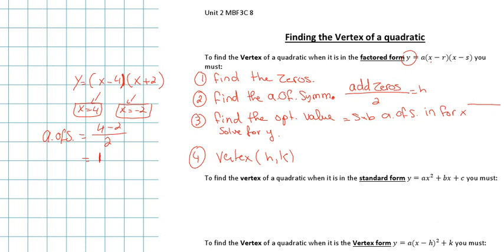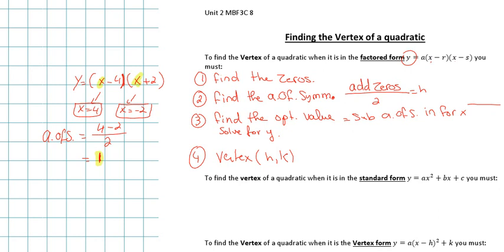Are we okay with this? I want to hear a yes or a no. Yeah, I'm good. Okay, so I have my axis of symmetry. All I have to do right now, for step number 3, I have to plug in the axis of symmetry in for the x.